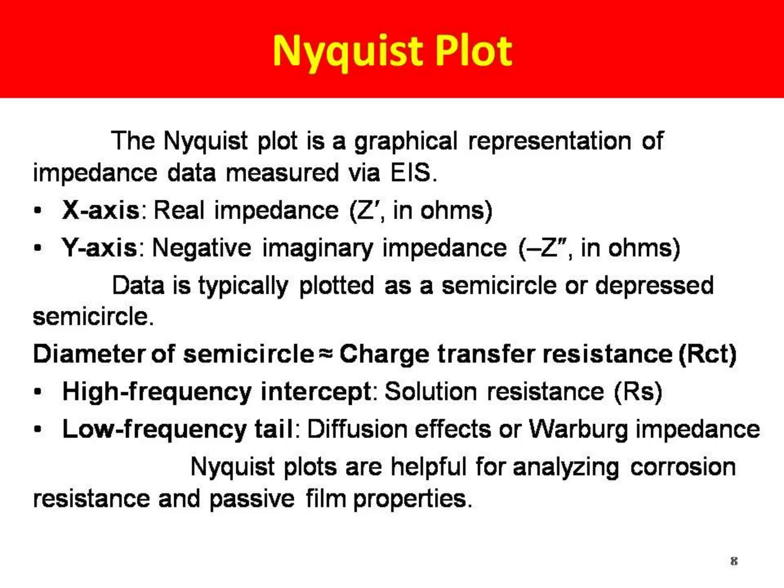The diameter of the semicircle is more or less directly related to charge transfer resistance. The high frequency intercept gives the solution resistance, and the low frequency region shows diffusion effects or Warburg impedance. Nyquist plots are helpful for analyzing corrosion resistance and passive film properties.